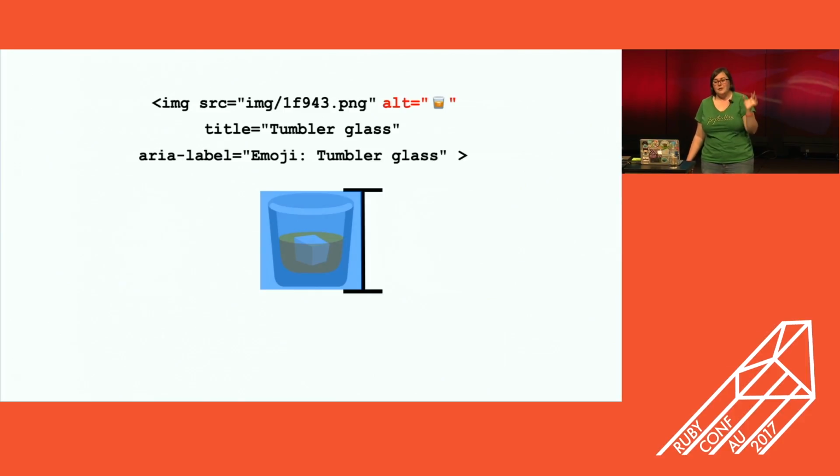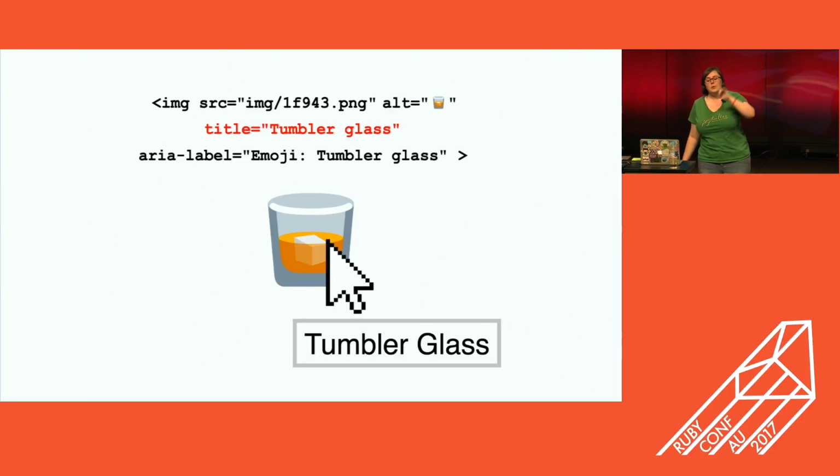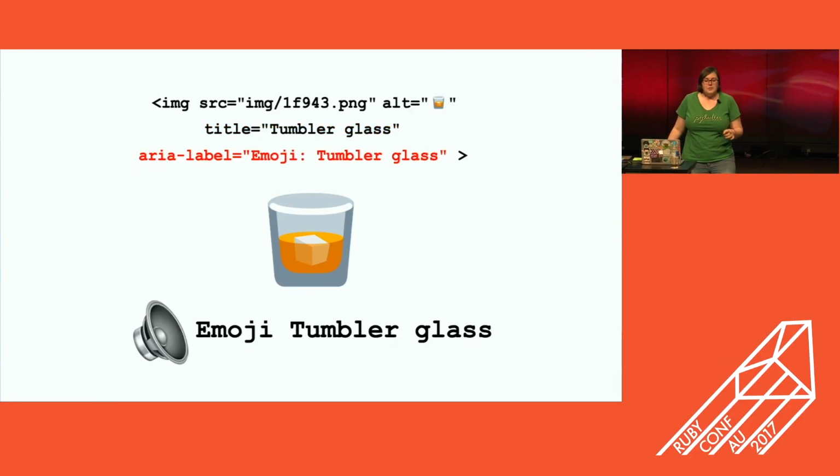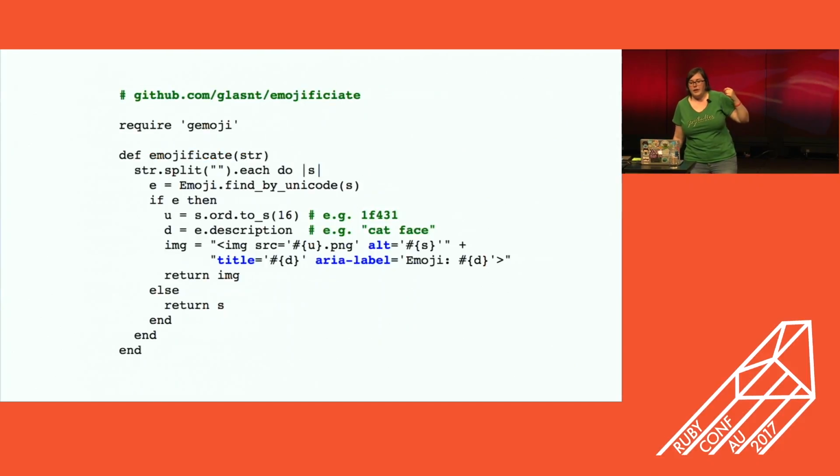Now, alt text is different to title text. Title text is what happens when you mouse over it. So if you have the title, which is the name of the emoji, then when somebody mouses over it, they can say, oh, that's supposed to be a tumbler glass, or that's supposed to be hugs, or that's supposed to be unicorn. And then for extra bonus points, add ARIA labels, so then screen readers can read it out and know that it's supposed to be an emoji. Now, this is a little bit complicated, so here's something I prepared earlier.